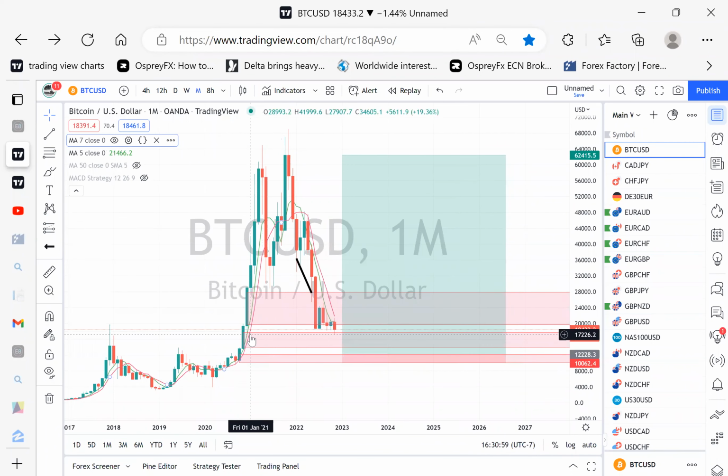If we use the 5 and 7, it allows us to get better entries whenever price touches the moving average, right?